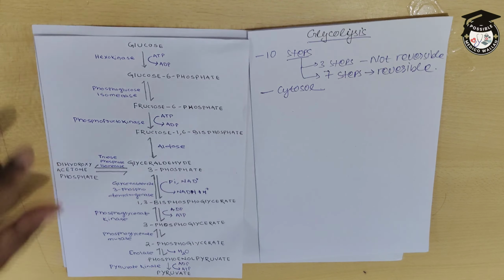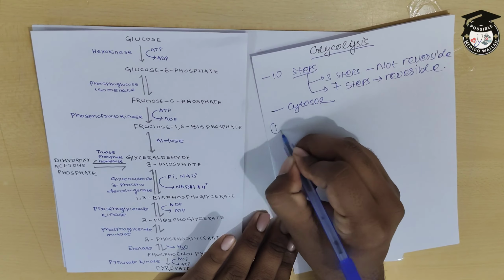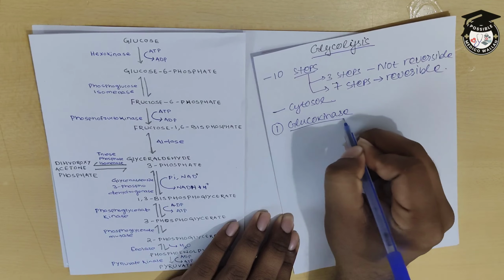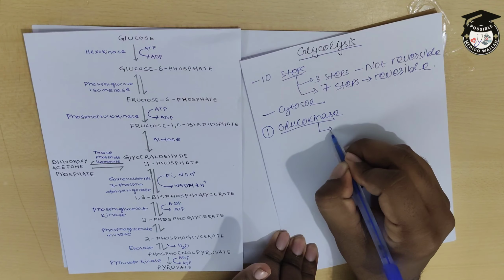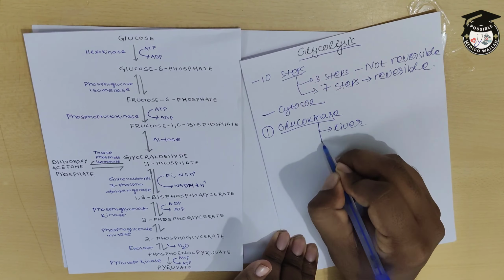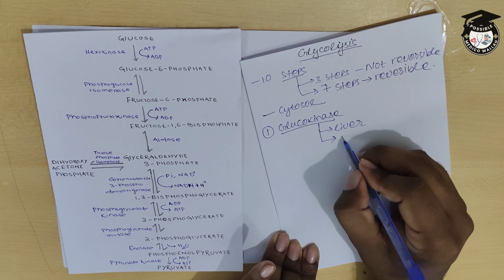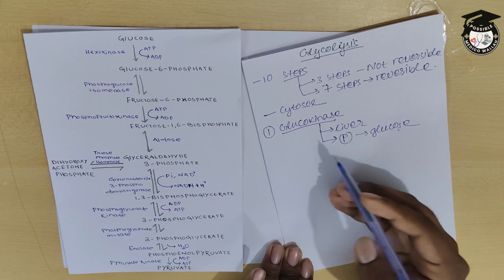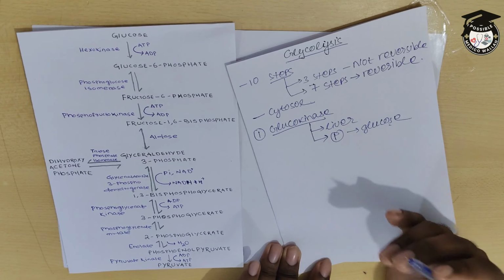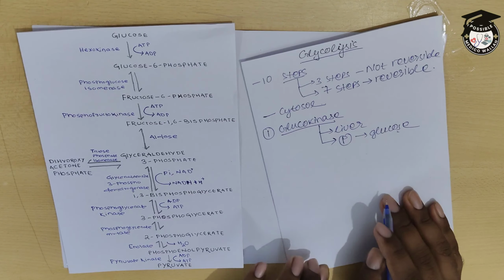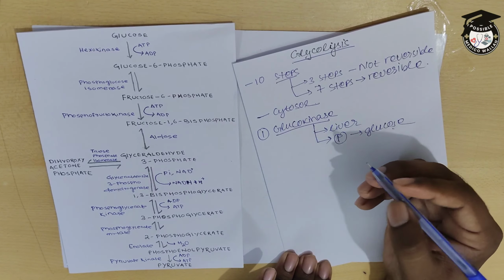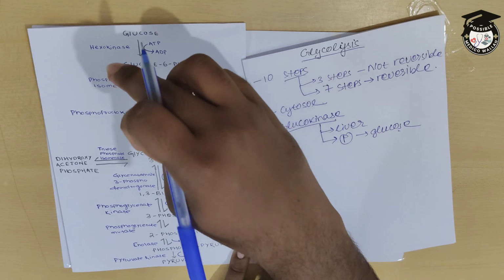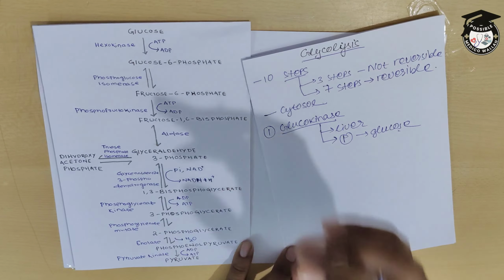It is catalyzed by hexokinase, and there is another enzyme, glucokinase, but glucokinase is present only in the liver, and it can only phosphorylate glucose, but hexokinase can phosphorylate every sugar. As for the inhibitor, if glucose 6-phosphate is produced in excess, then the hexokinase enzyme will be inhibited.